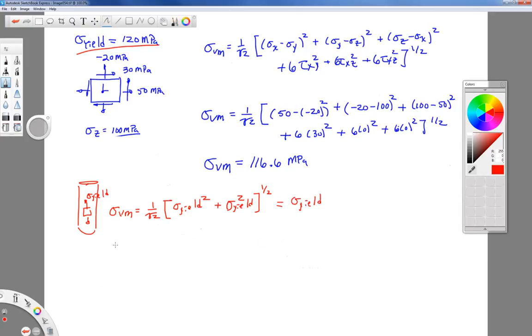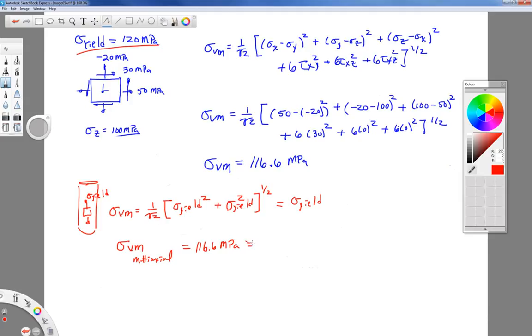So what we're going to do is compare the von Mises stress from our multi-axial stress state, that's the blue stress state, which is 116.6 megapascals, to what we just found.